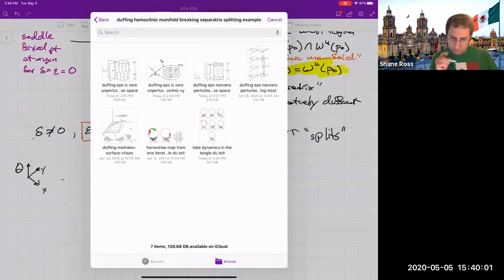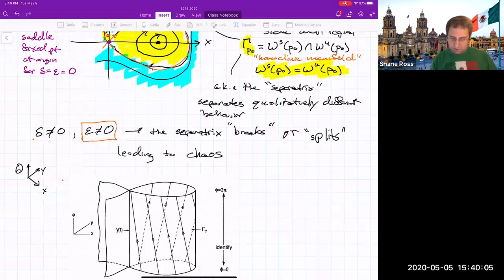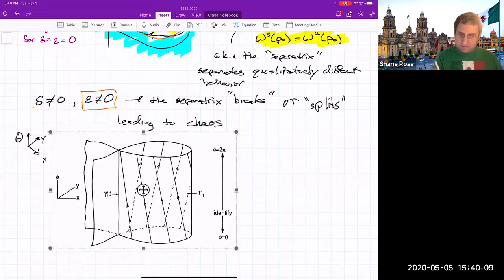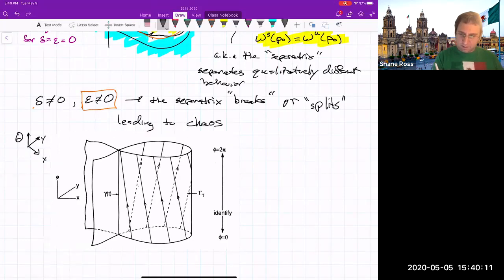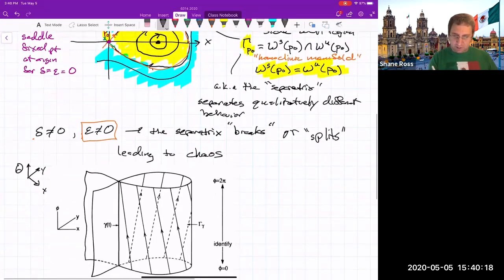Duffing. Yep, here. We have a picture that looks like this. This is showing that same manifold, but now we're viewing it as the manifold of, let me draw in P0.